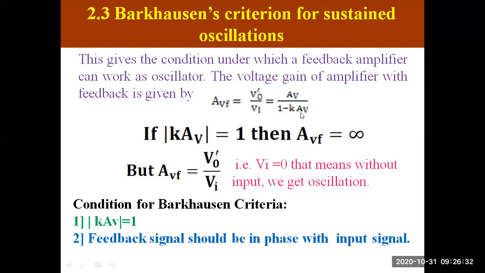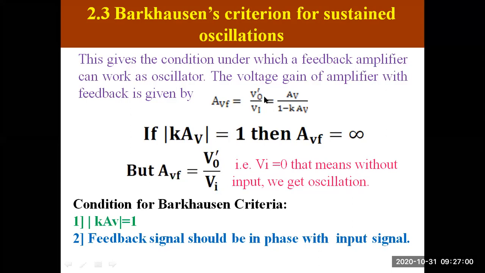AV divided by 0 आणि कुठल्याही क्वांटिटीला 0 ने डिवाइड केलं काय मिळेल आपल्याला? इन्फिनिटी मिळेल. As AV divided by 0, AVF becomes equal to infinity.